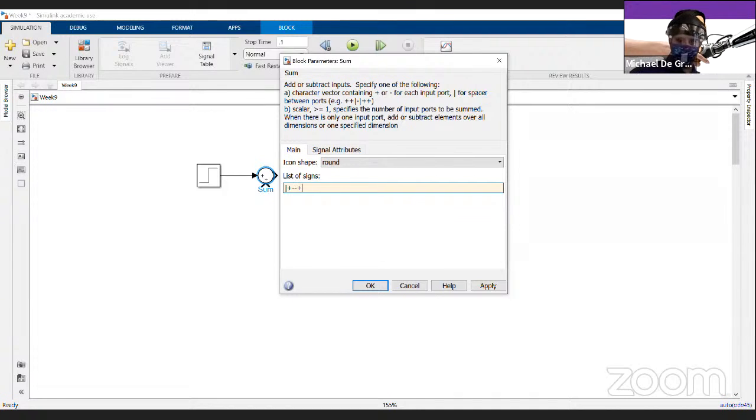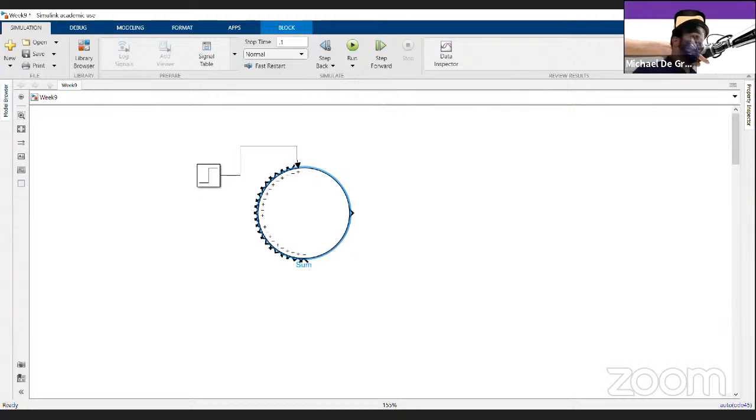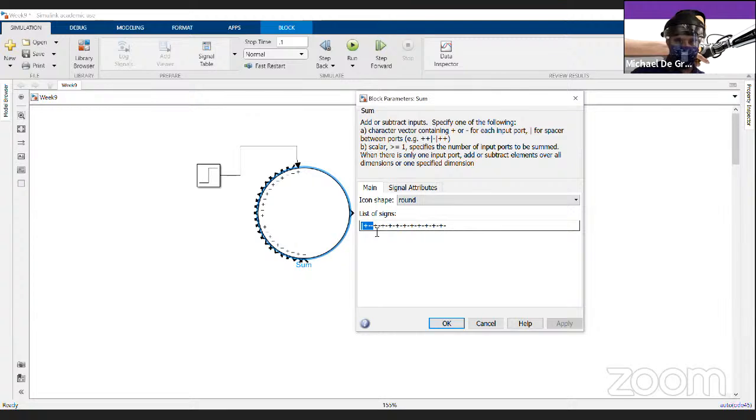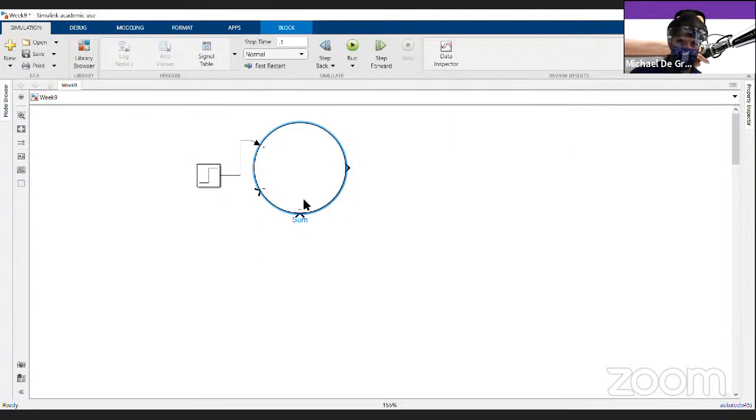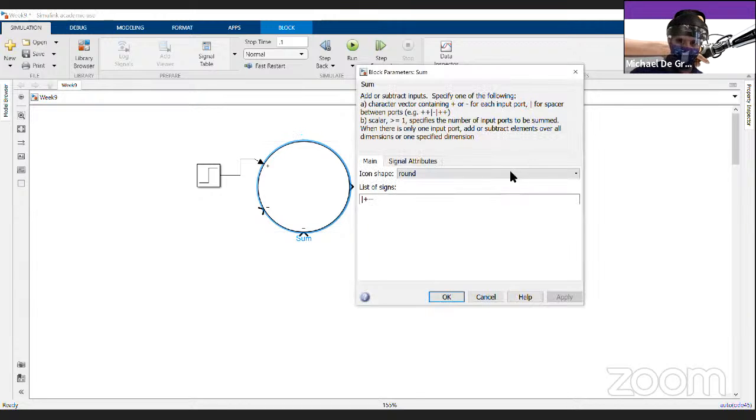What happens if you got crazy with it and you just put a bunch of signs, right? You get a bunch of things that you can put in. We only need 3. We need plus, minus, minus. Plus, minus, minus gives us this, right? And that's nice looking and all, but I prefer to use the rectangle one.